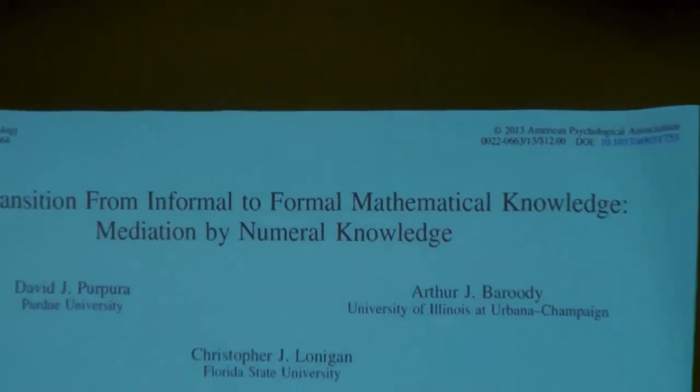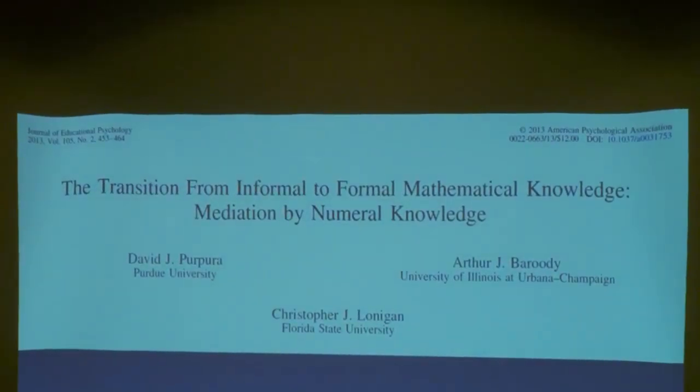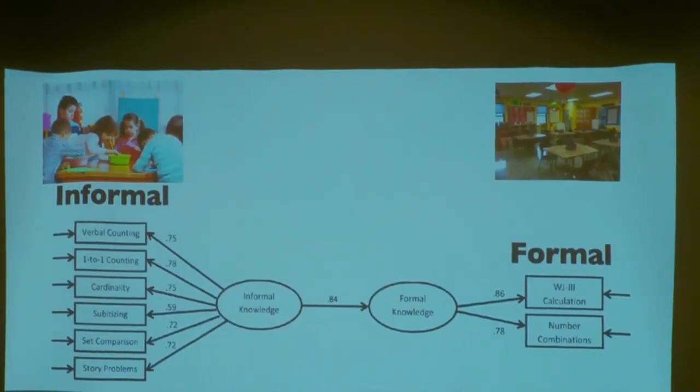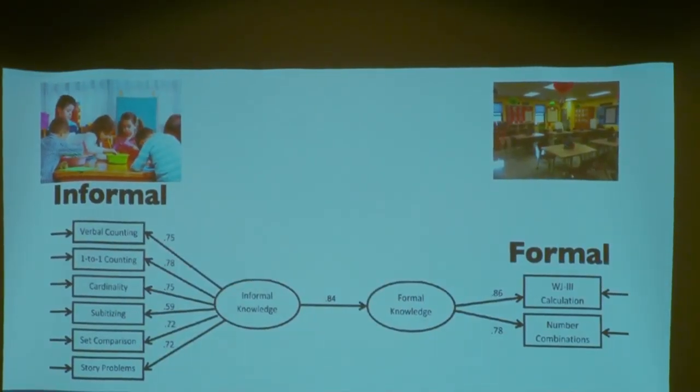And I want to illustrate this to you by reviewing what I think is a really elegant study by David Purpura, Baroody, and Lonergan, called The Transition from Informal to Formal Mathematical Knowledge: Mediation by Numeral Knowledge. And what David and his colleagues did here was to conduct a longitudinal study. So children were first tested in kindergarten on what is referred to as their informal knowledge.